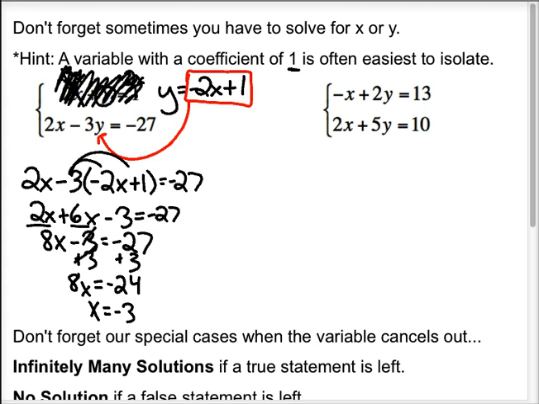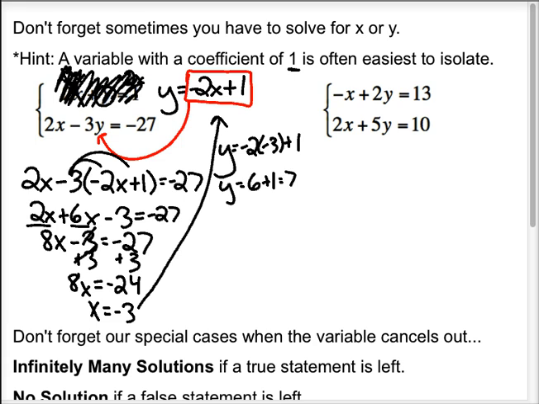But now that I have what x equals, I'm going to put it back in the box to find y. So y equals positive 6 plus 1, or that gives you a value of 7. So my solution here is going to be negative 3, 7.